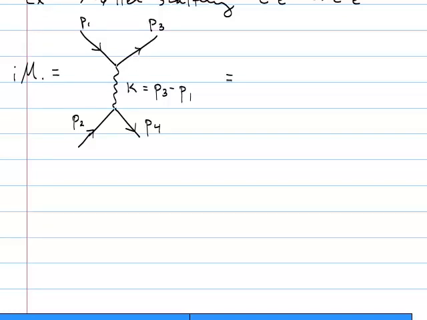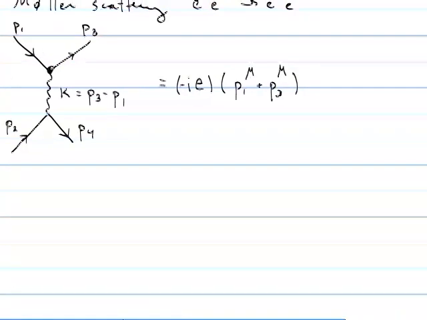This is the one that we call the T channel diagram. It's easy enough to write down. You have this interaction vertex on the top, and then you have a p1 mu plus p3 mu. That's the interaction vertex right here.